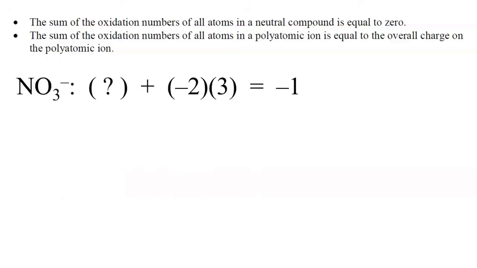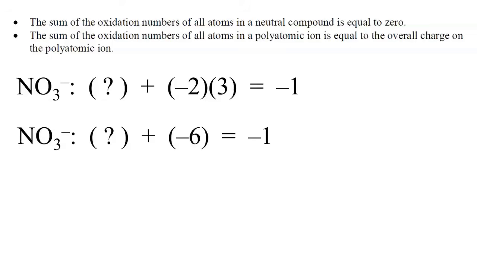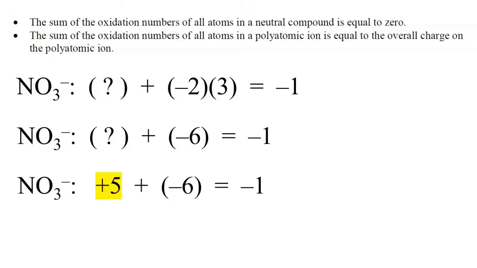In the NO3 minus, or the nitrate ion, I have 3 oxygens. Each oxygen is worth -2. I have 3 of them, that's -6. The nitrogen would have to be +5 so that the sum of the oxidation numbers overall is equal to -1. That's the charge on the nitrate ion.